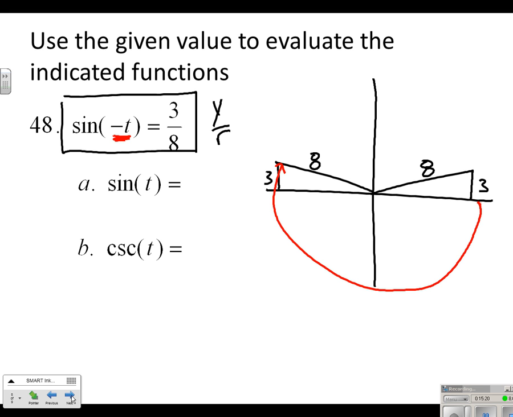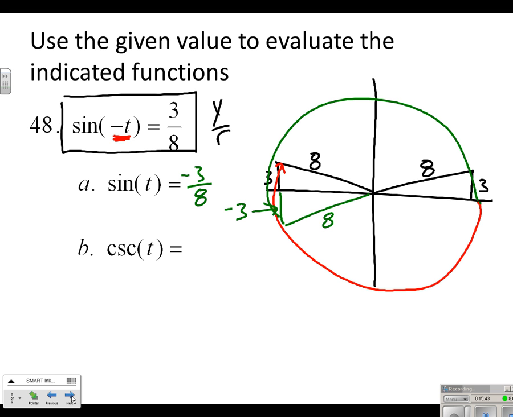Well, this goes a little more than 180, so I would go a little more than 180, getting me a triangle right here. And this would still be 8, but this value would be negative 3. And you say, well, it appears like our solution's negative 3 for y on 8 for r.